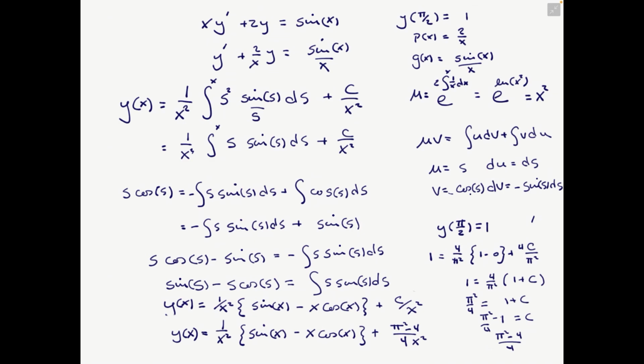Okay, so we have S cos S, all right, equals the integral of u dv, so that's S sine of S, but there's a negative sign there for dv, plus cosine, so that should be sine.